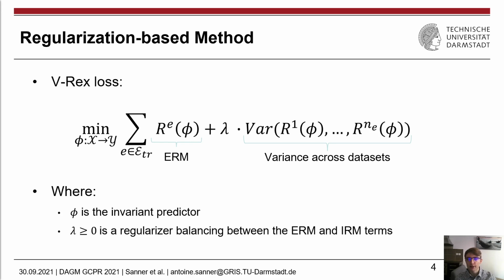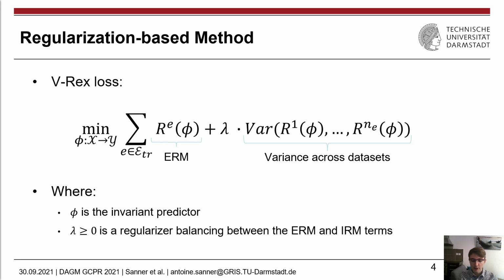For instance, here with the VREx loss, we can see that the regularizer takes the form of the variance of the risk across all training datasets. This is something that you might want to minimize simply to ensure that your model will perform as well on each and every training dataset. To give another example, the IRMv1 loss will enforce the optimality of the predictor on each training dataset. And so this is the kind of method which you will find in this family.